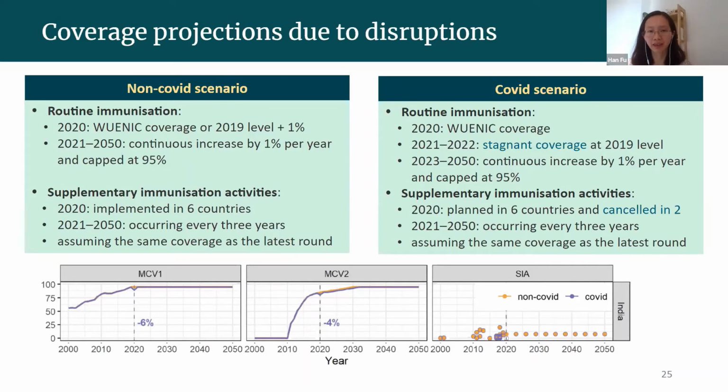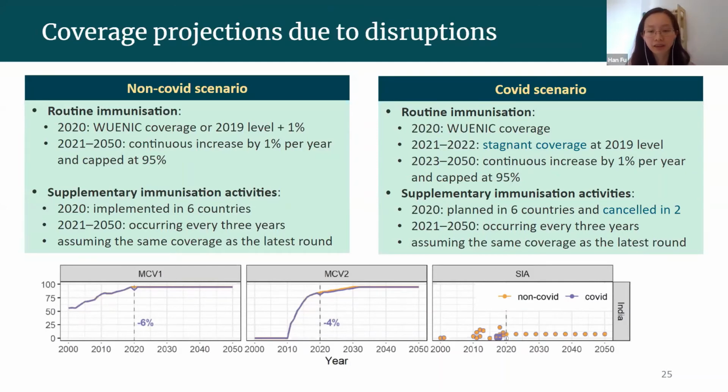It hasn't increased, and the program expansion of 1% increase is delayed to 2023. For the SIAs, 2 of the 6 countries, Nigeria and India, are assumed to cancel, as we see in the data. But for the rest of the future rounds of SIA, there are no impacts of COVID-19 disruptions.